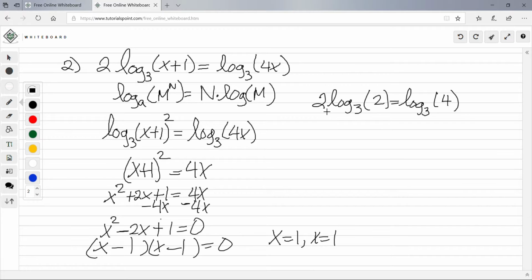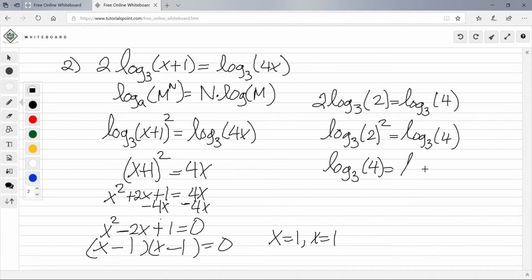Whenever there's a number in front, you power that, so it's log base 3 of 2 squared, and 2 squared is 4. And voila, it's the same. So our answer is x equals 1.